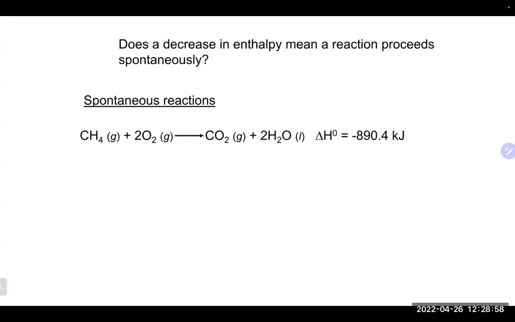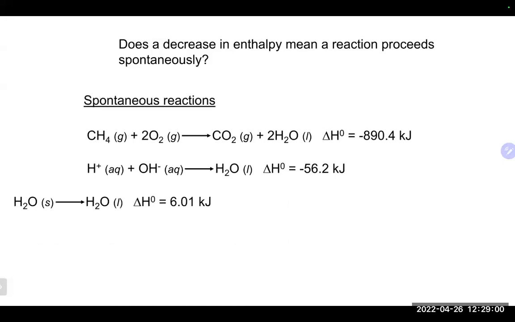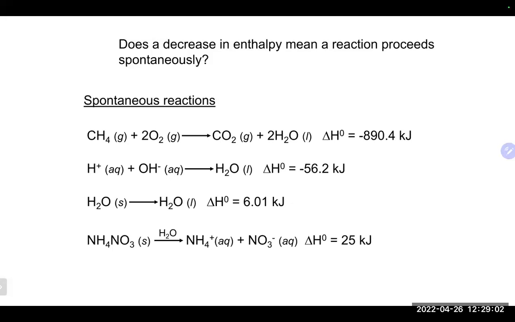So when we think about reactions and things happening spontaneously, we sometimes think that if it's an exothermic reaction, we would expect the reaction to occur spontaneously, and if it's an endothermic reaction, maybe not so much. So what we see here are all spontaneous reactions. That's a combustion reaction, which has a negative delta H, which means this is exothermic.